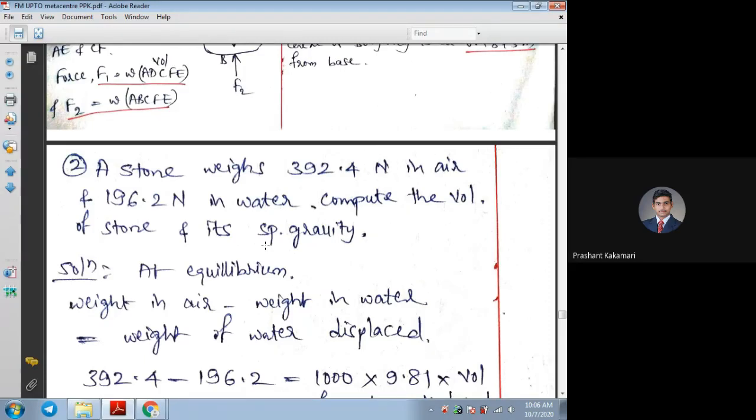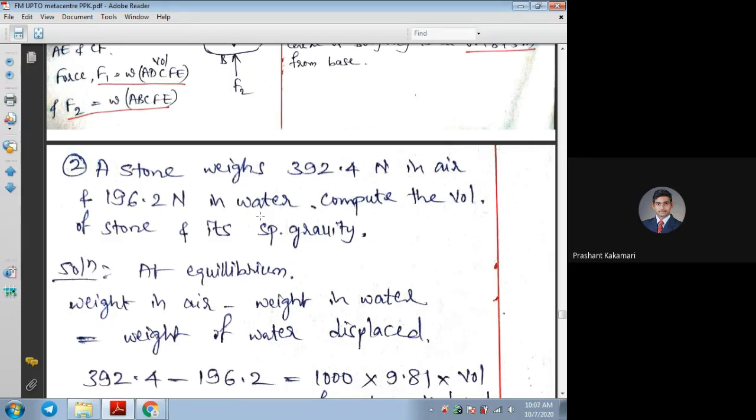So now coming to the equilibrium state. Because the body here is a stone, we all know that it will start sinking and move down to the bottom position. But until that, we need to consider one position, at any given instance at equilibrium. The weight of the stone is also not given exactly here. Why? Because the weight of the stone in different fluids is different.